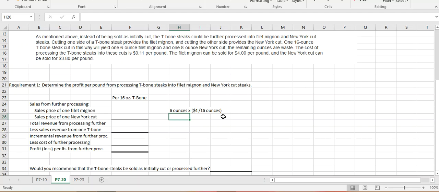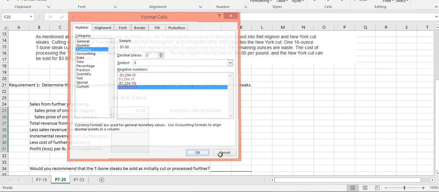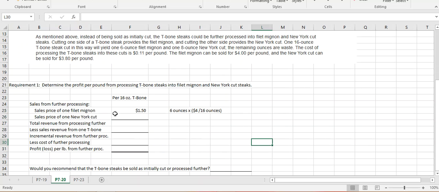So 6 times 25 cents an ounce is $1.50. Oops, I've got some rounding going on here. Let me fix that. Okay. So our sales price of one filet coming out of one T-bone will be the 6 ounces of the filet, multiplied by a per ounce price, which is $4 for 1 pound divided by 16 ounces, which will give us 25 cents an ounce, times 6 ounces is $1.50.